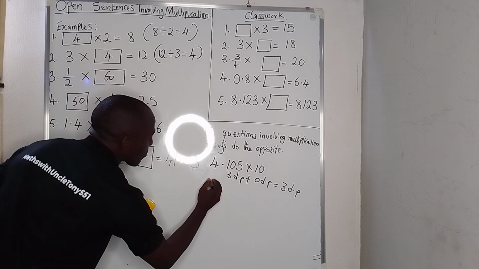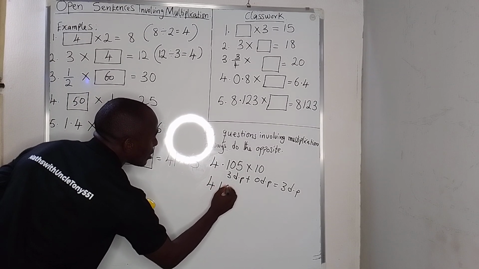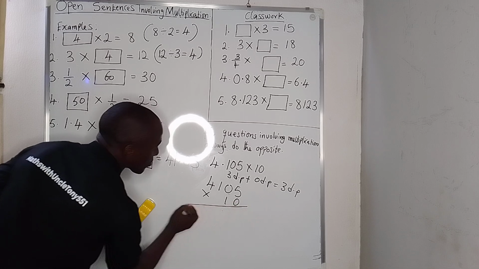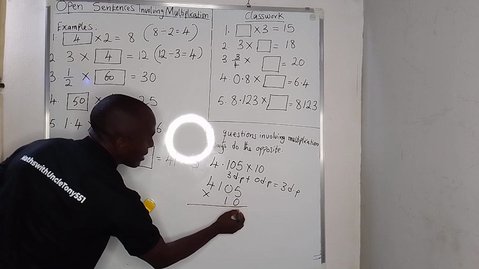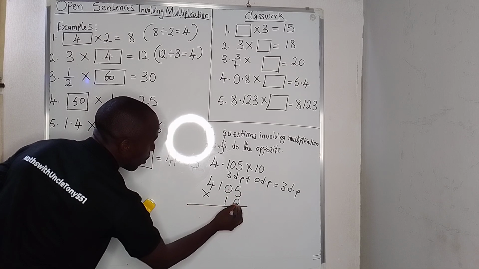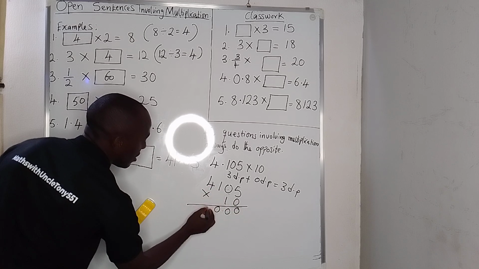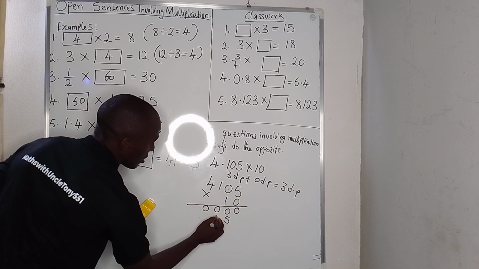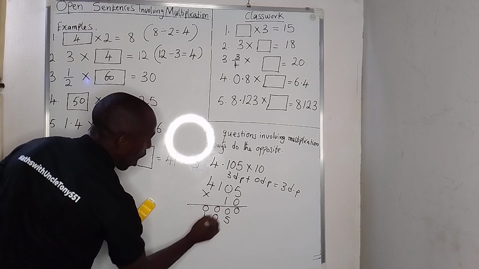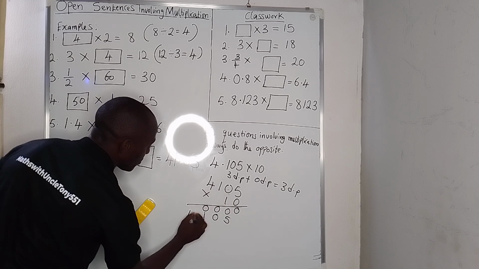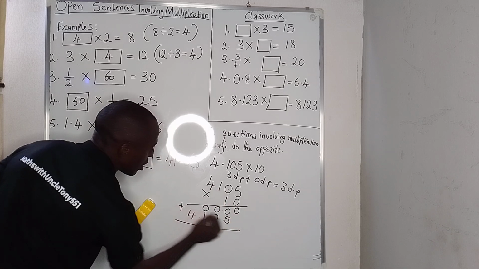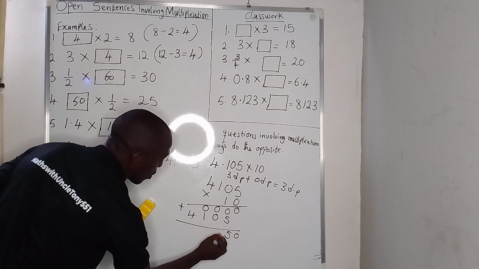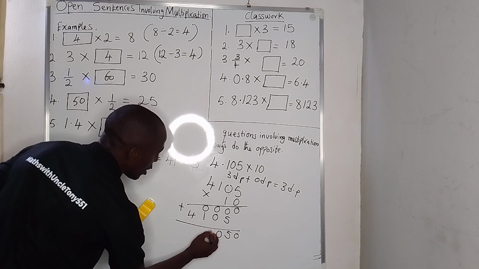So we multiply 4105 by 10. 0 times anything is 0. 0, 0, 0. 1 times 5 is 5. 1 times 1, 1. 1 times 4, 4. I will add 0, bring down 0. 5 plus 0 is 5. 0 plus 0 is 0. 1 plus 0 is 1.